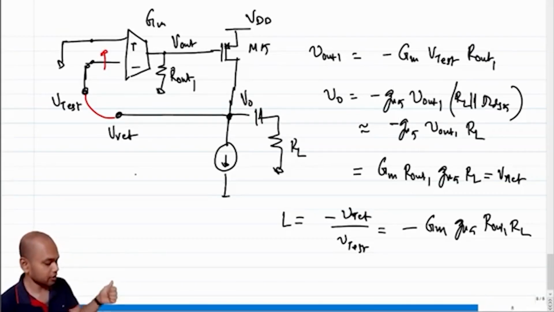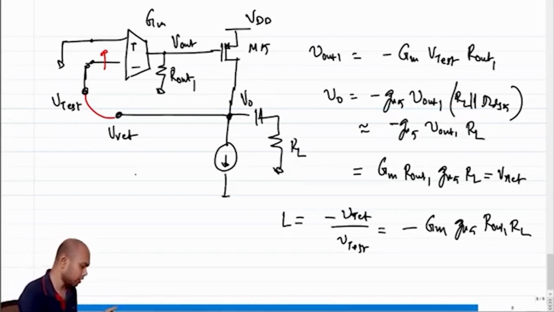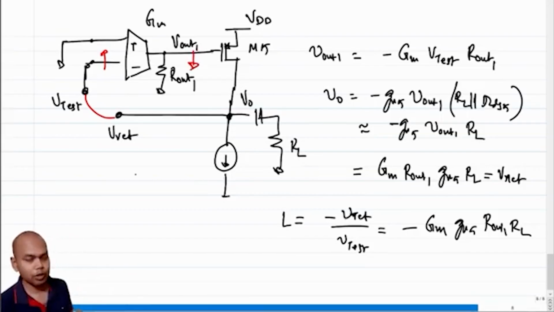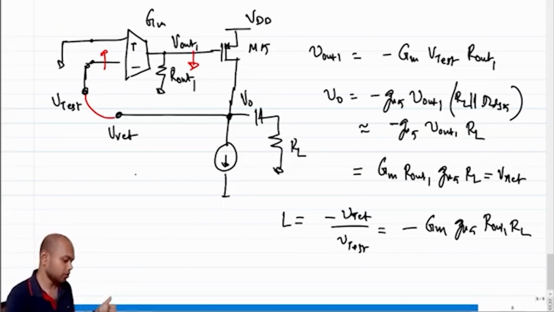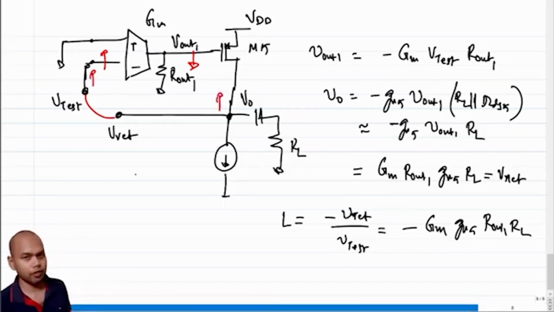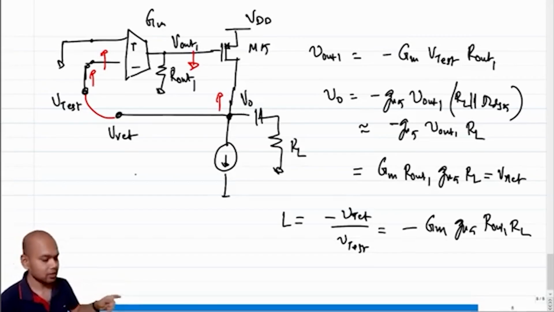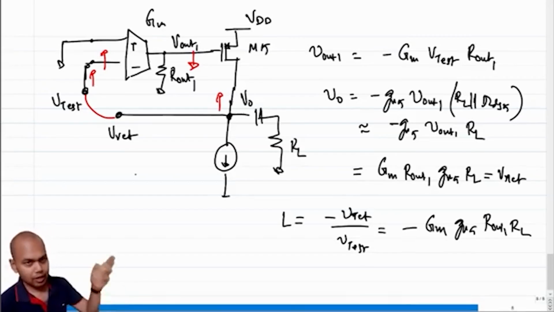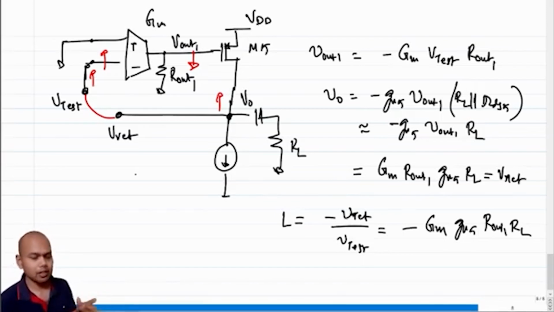What is going to happen to V out 1? V out 1 is going to decrease. What is going to happen to V naught? V naught is going to increase. So whatever excitation we fed, the same return excitation in the same direction is getting fed back, which means this is a positive feedback loop, right?